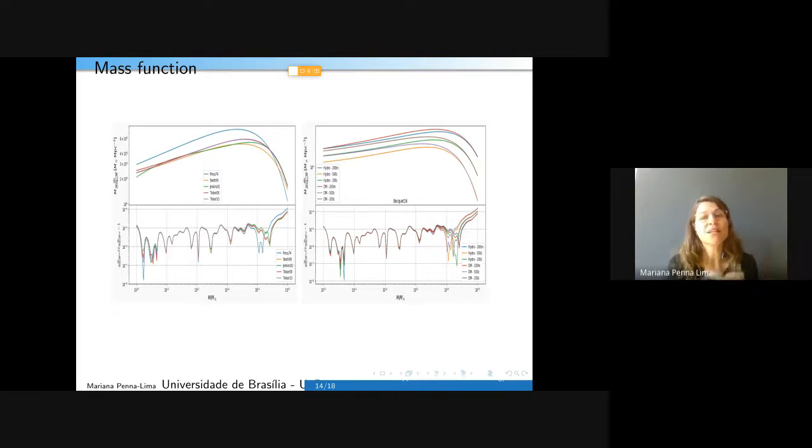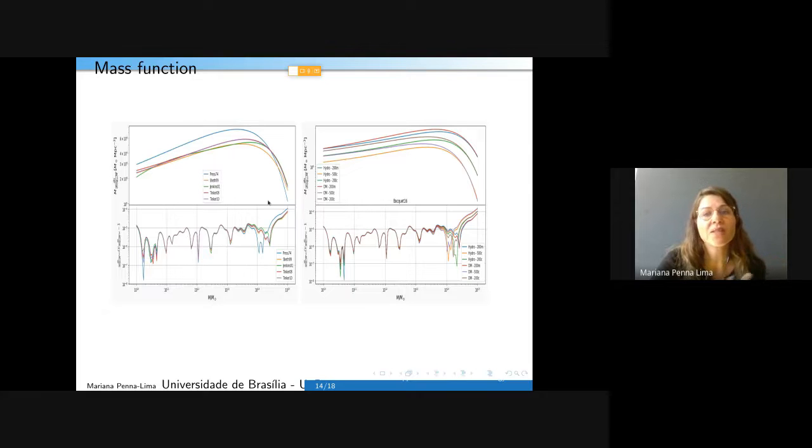And here I'm going to start to present some comparisons that we are carrying out between some libraries such as NumCosmo and CCL. We also have some results comparing NumCosmo, CCL, Colossus, and Cluster Toolkit. Here are some examples for the mass function. I don't know if it's easy to see, but in the upper panels we show the mass function times the mass, and here is the relative difference between the computations.